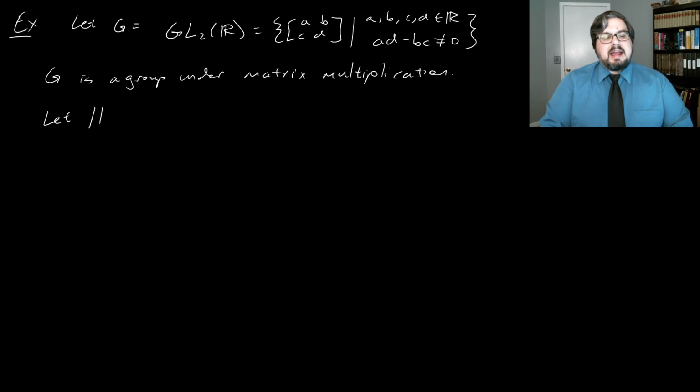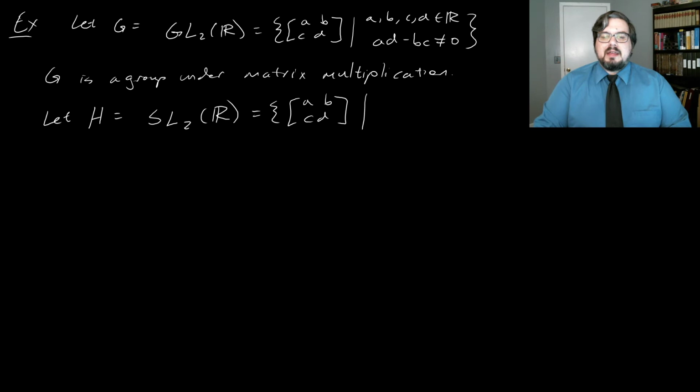Now let's let H be the group SL2(R). This is called the special linear group, and it's the set of all 2 by 2 matrices with elements from R where the determinant is exactly equal to 1.